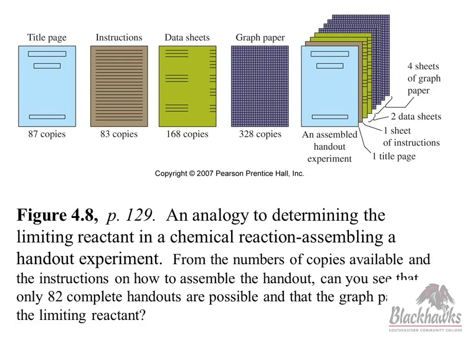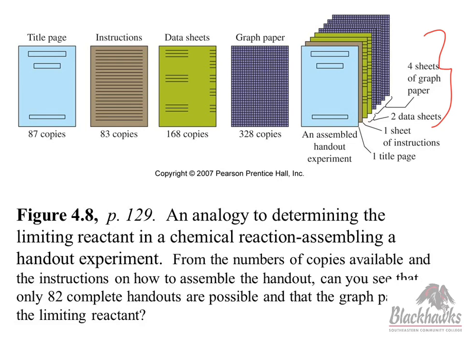So I'm not going to really belabor this one too much, but it's a figure from your textbook. Over here on the right, it kind of shows you what the goal is to go ahead and prepare little packets. And each packet needs to have a cover sheet. It needs to have 1 sheet of instruction, 2 data sheets, and 4 sheets of graph paper, so little packets.